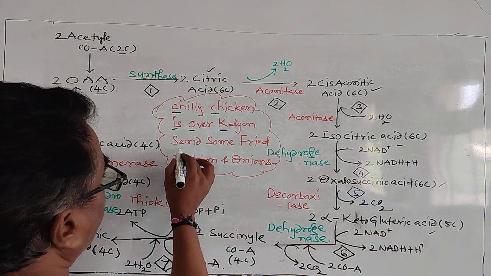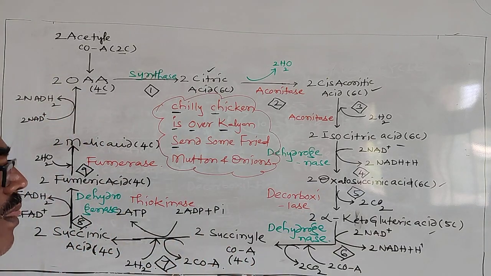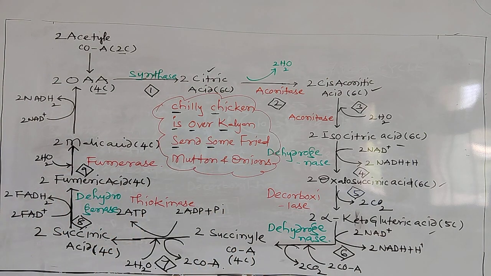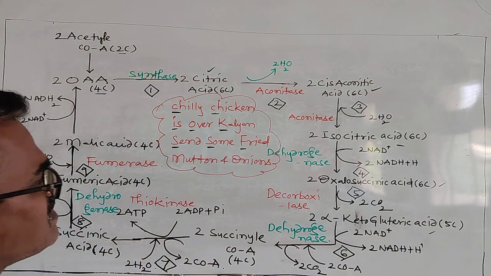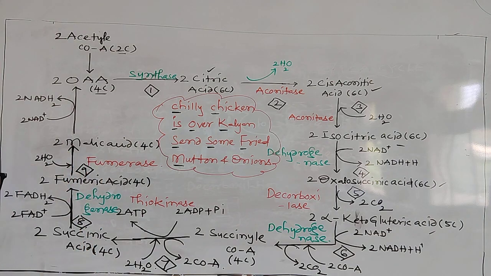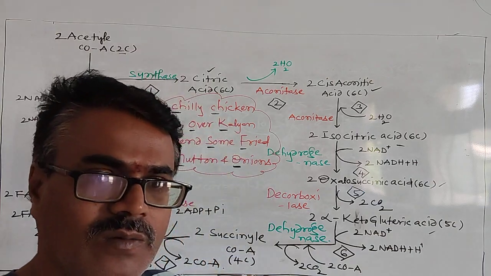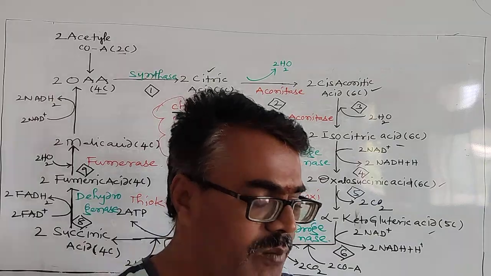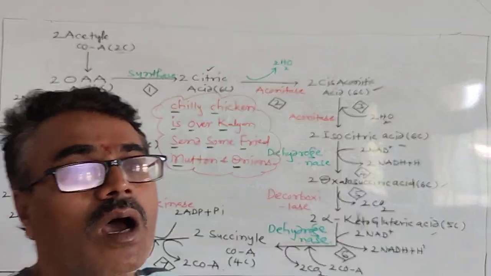In send, S stands for succinyl coenzyme A. In some, S stands for succinic acid. In fried, F stands for fumaric acid. In mutton, M stands for malic acid. In onions, O stands for oxaloacetic acid. This small hint helps you remember the products.